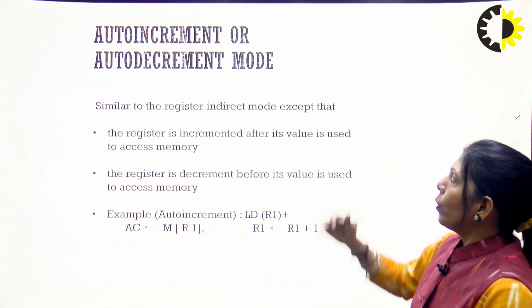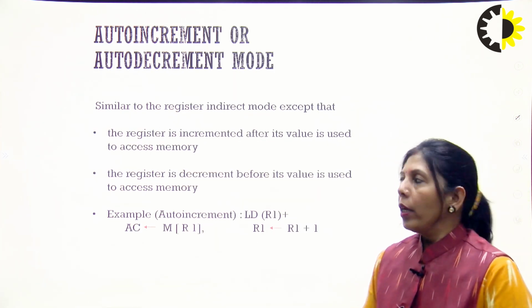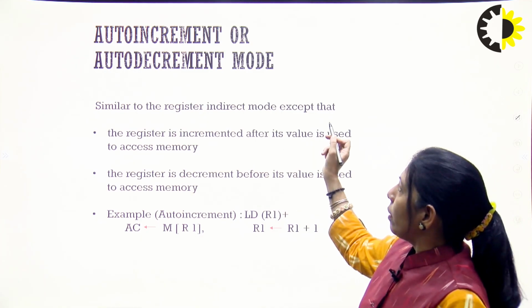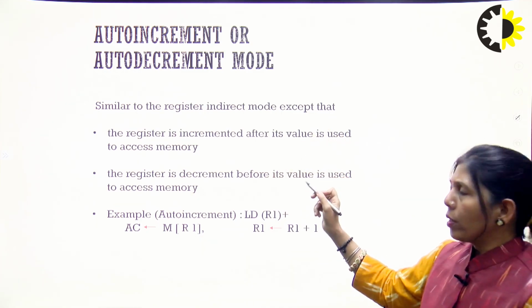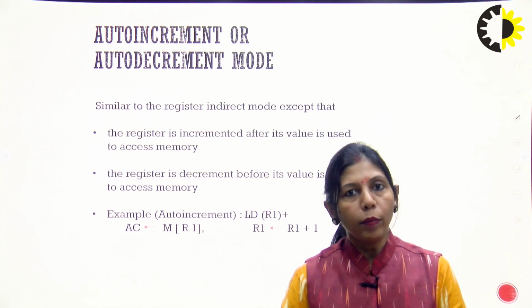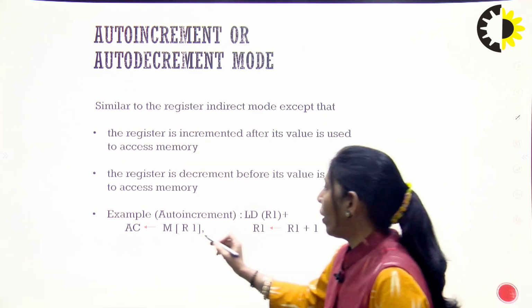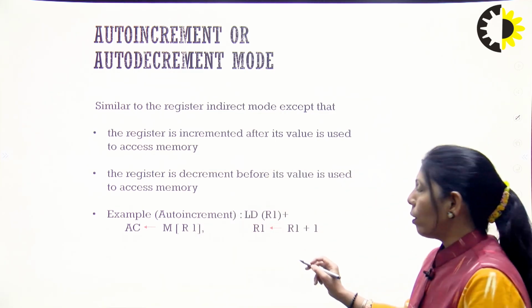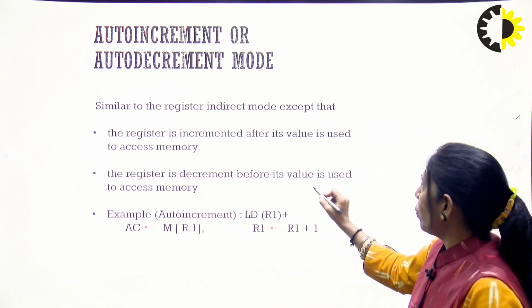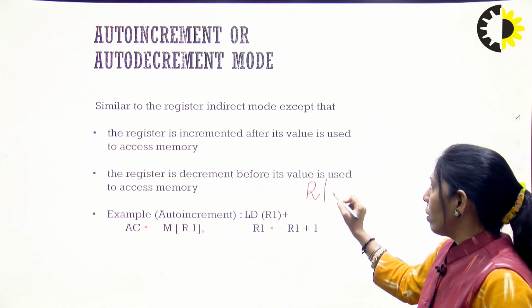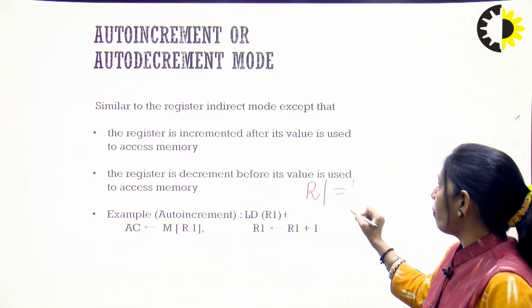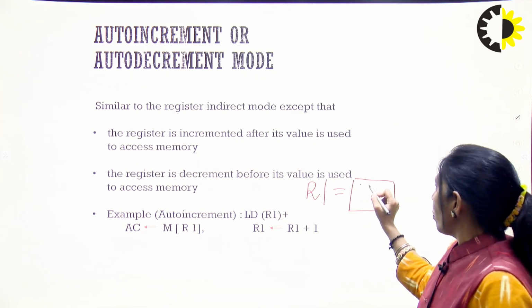Next is the auto increment or auto decrement mode. It is very similar to the indirect mode, but here, suppose the register has the value 700.